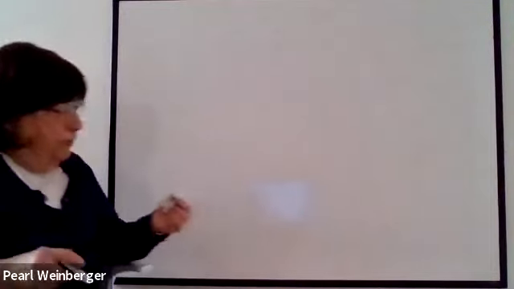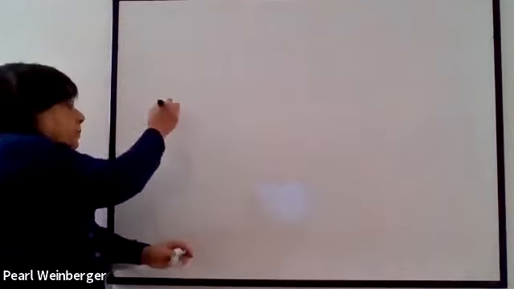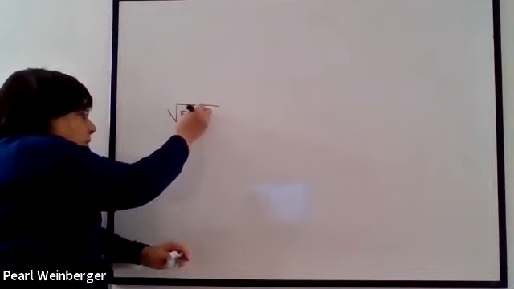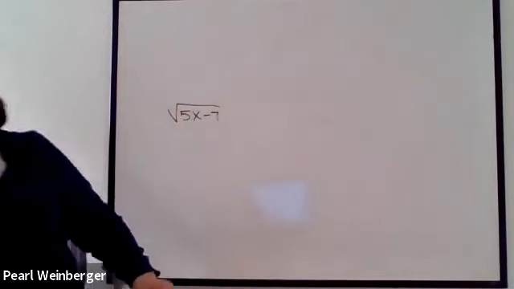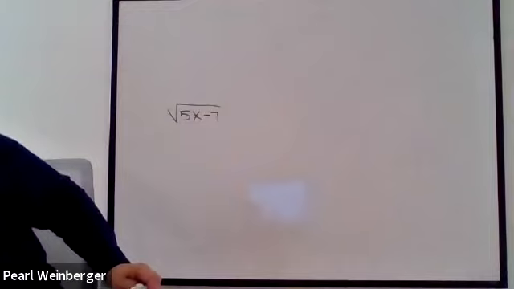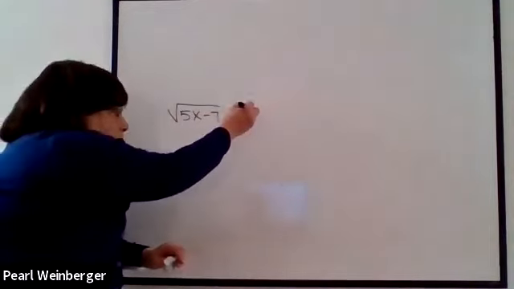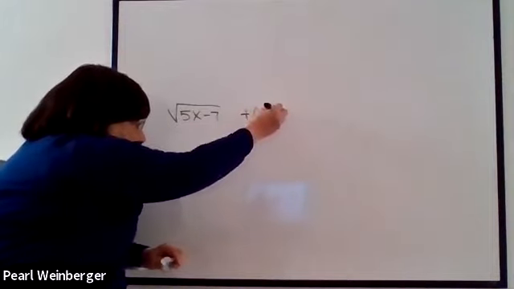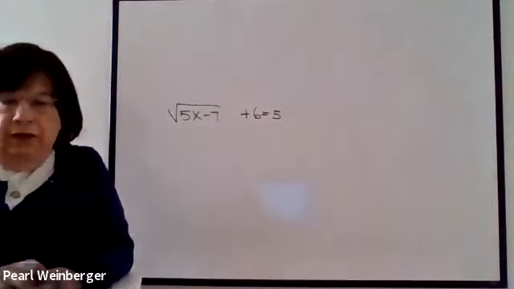Let's see if you can solve this equation. The square root of 5x minus 7 plus 6 equals 5. Okay, I'm giving you a few minutes to try that on your own.